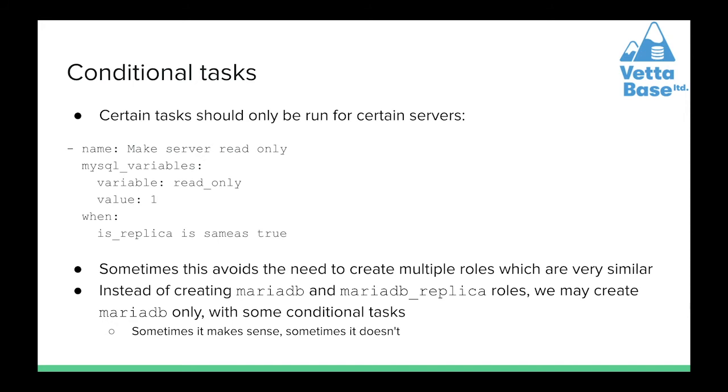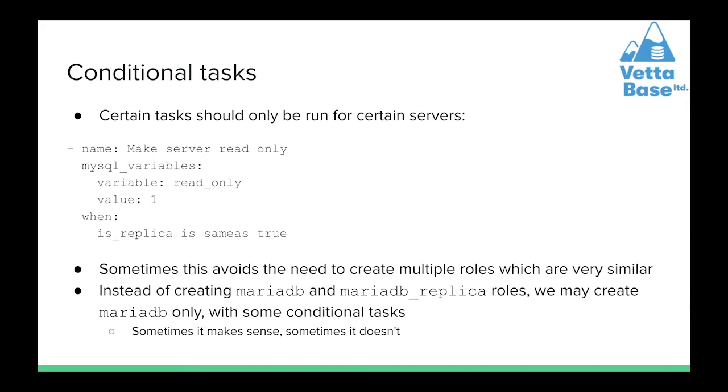So in this example we use again the when attribute. Basically the task itself is executed only if there is an isReplica variable which is set to true. Okay, if this is the case, a MySQL variable is set using the MySQL variables module.